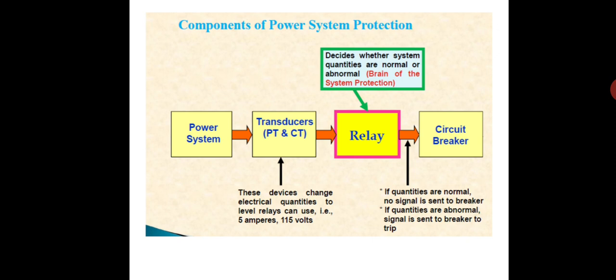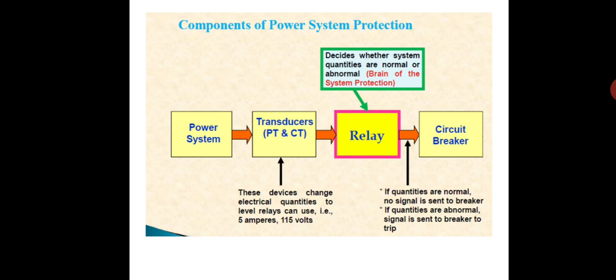Relay's job is to decide whether the system quantities are normal or abnormal. It works like a brain which takes decisions. Relay decides whether the system is working normally or whether there is a fault, whether all voltage, current and other parameters are running fine.